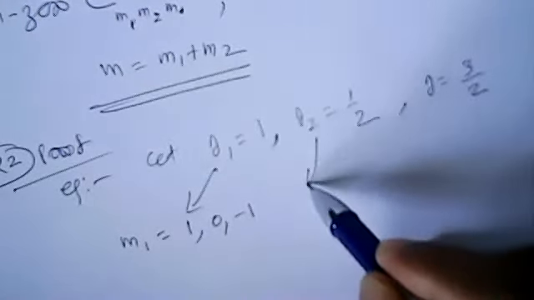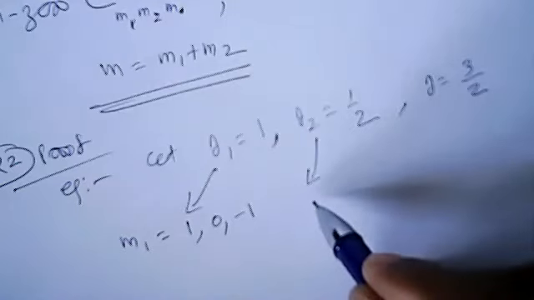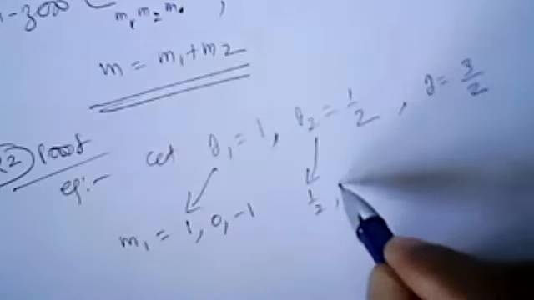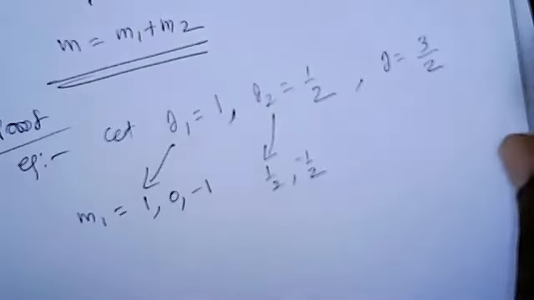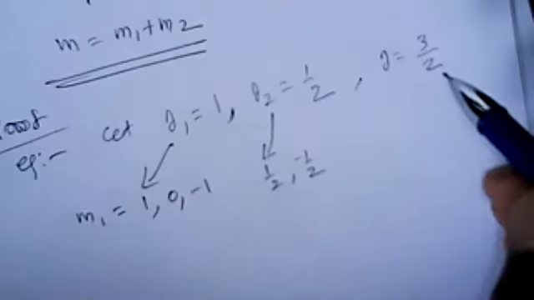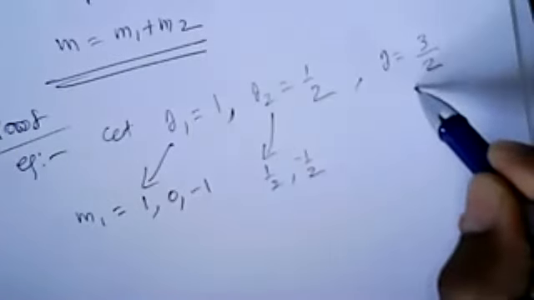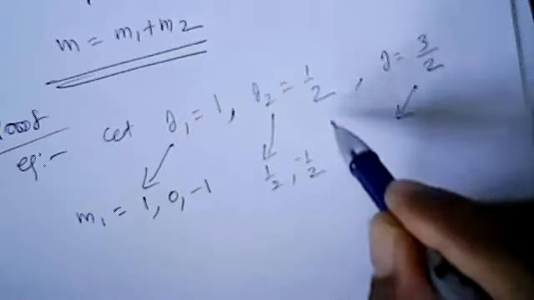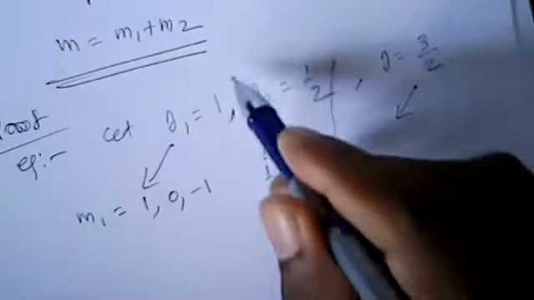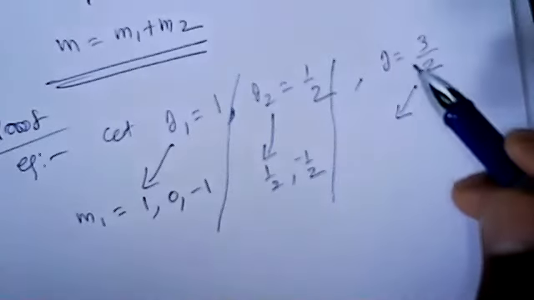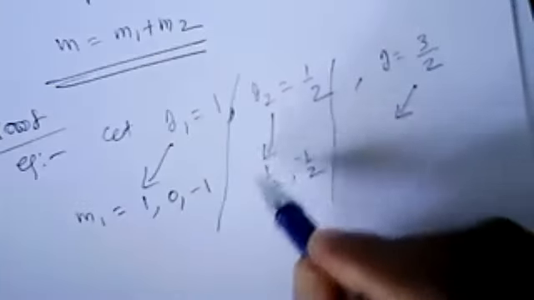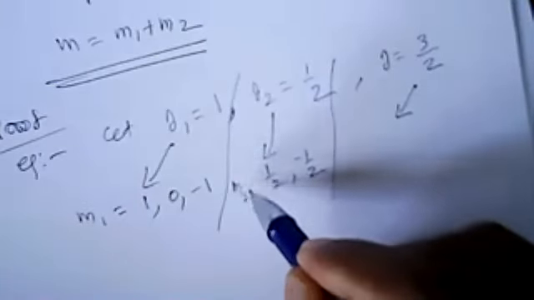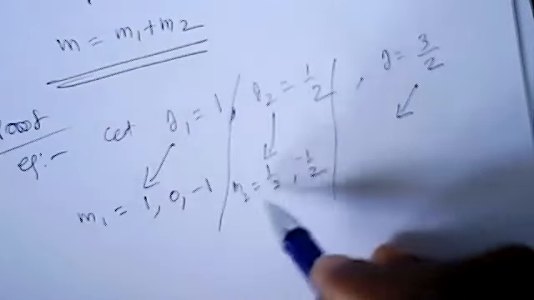Now corresponding to J2, we have 2 values, plus half and minus half. Okay. Now corresponding to 3 by 2, total angular momentum 3 by 2, what are the allowed values of M? These are M1 values. These are M2 values.